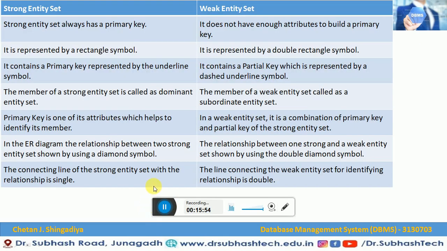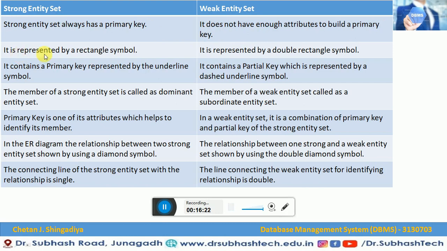Now after understanding the weak entity set, similarly we also have to explain the strong entity set. So now let me compare these two entity sets parallelly. Now strong entity set versus weak entity set. So what is strong entity set? A strong entity set always has a primary key, whereas in case of weak entity set, it does not have enough attributes to build a primary key.